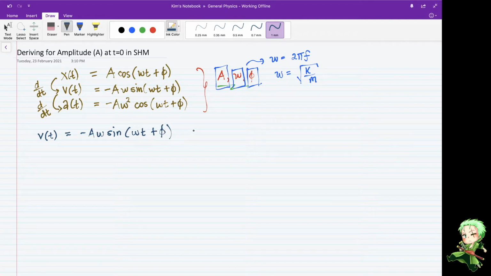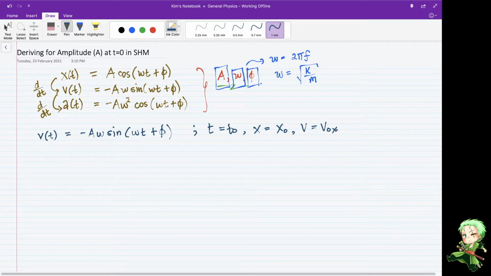And this is for cases where our time is set as t equals 0. That means our initial displacement is x naught, and our initial velocity is v naught, which happens to be in x in this case, since we are solving for cases in which it's moving on the x axis.